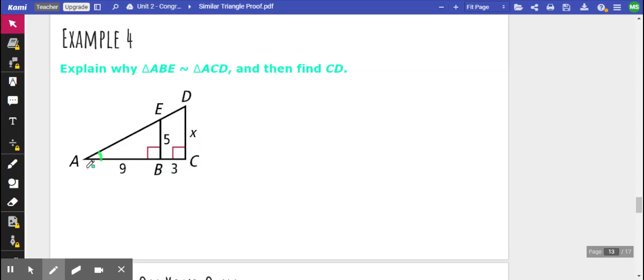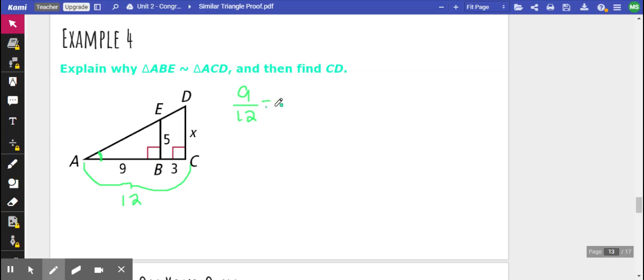So now we want to set up a proportion, but first we want to make sure we note that the A to C length of the big triangle, we have to combine the 9 and the 3 together to make 12. And so we can set up a proportion of 9 over 12 for that small to big side on the bottom.